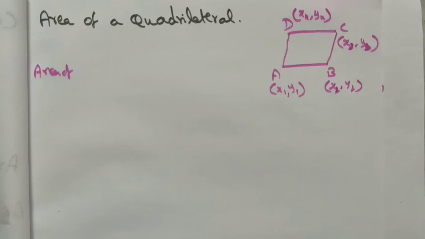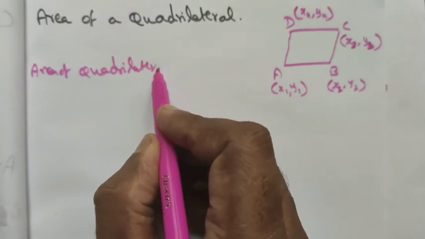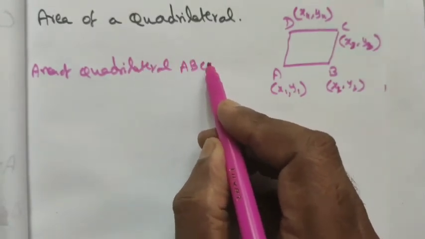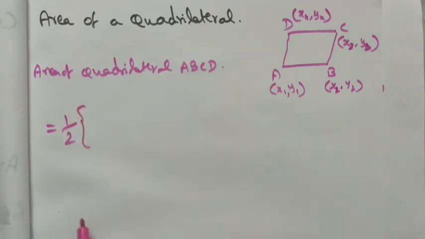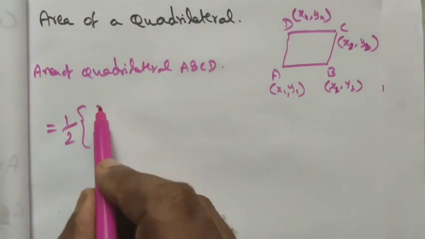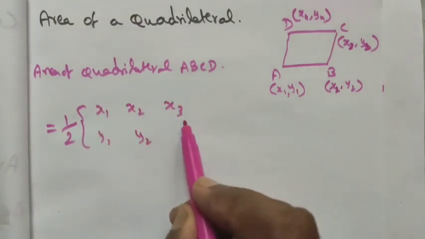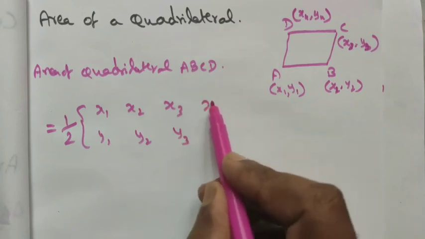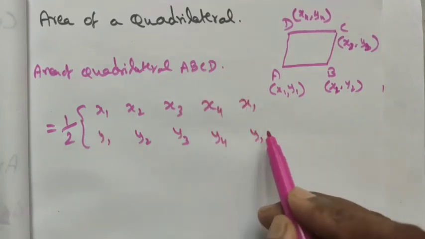Area of quadrilateral ABCD is equal to half into, what we have done for the area of the triangle, here also we do the same thing: x1 y1, x2 y2, x3 y3, x4 y4, and again x1 y1.